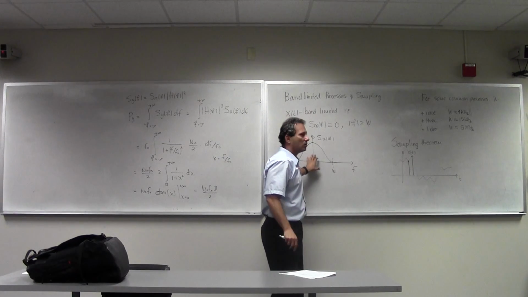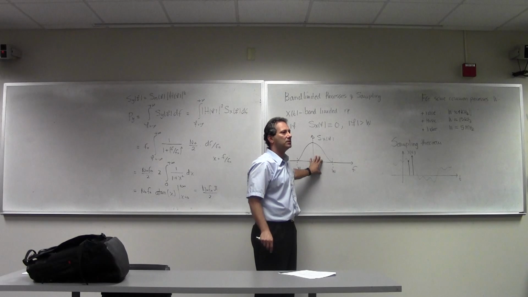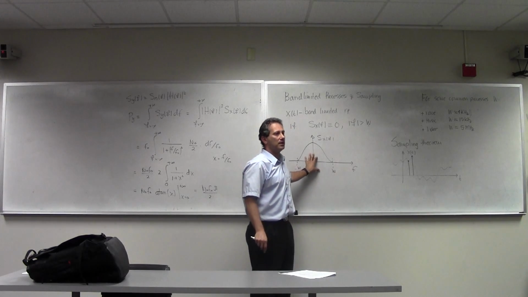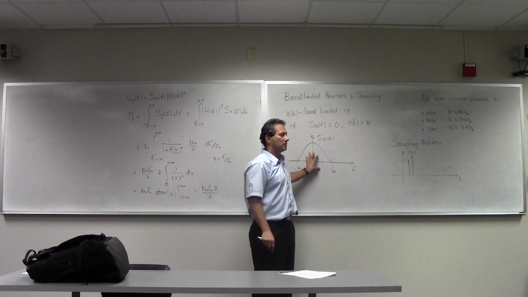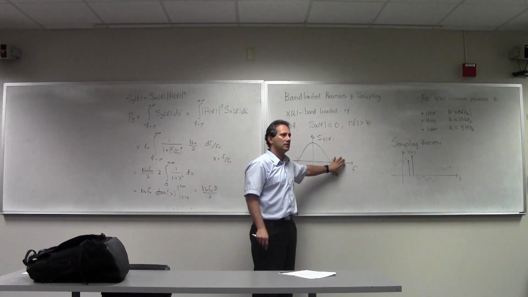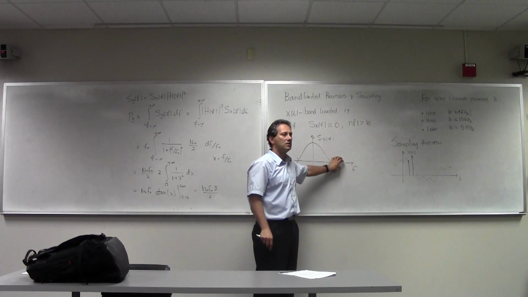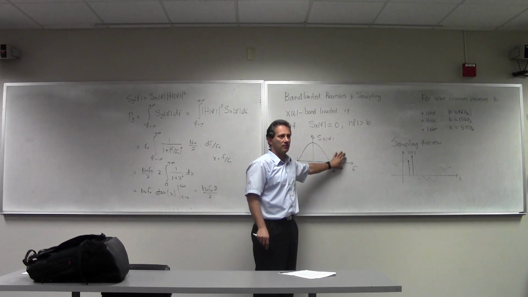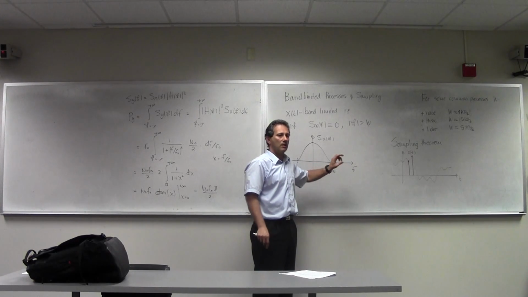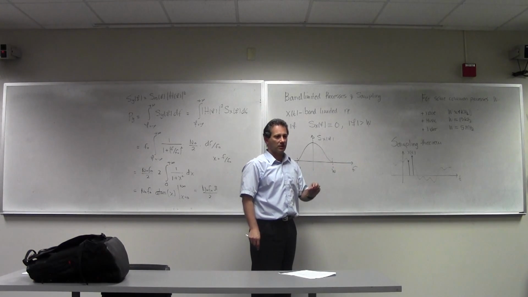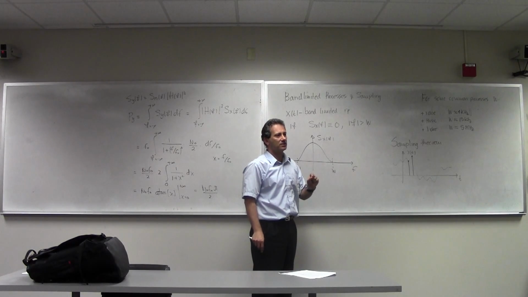It tells us what sinusoids participate in building this signal. So the fact that it is band limited means it doesn't have very high frequency sinusoids. What that means in turn is that we've put a bound on how fast this signal can change.